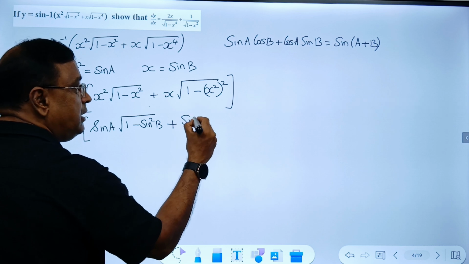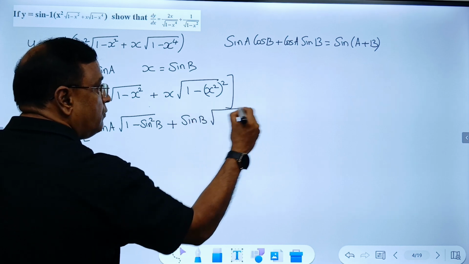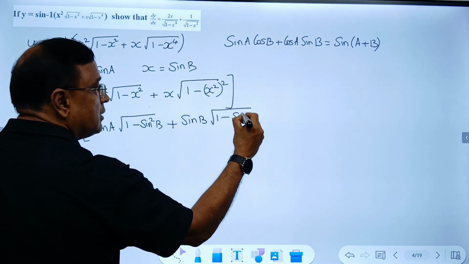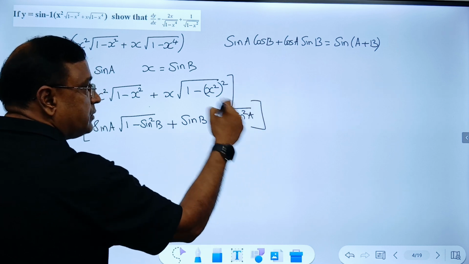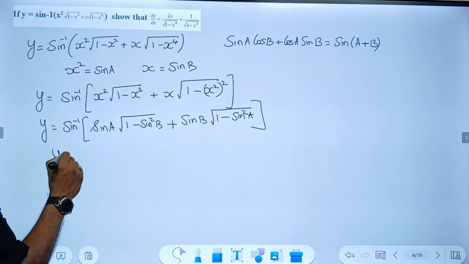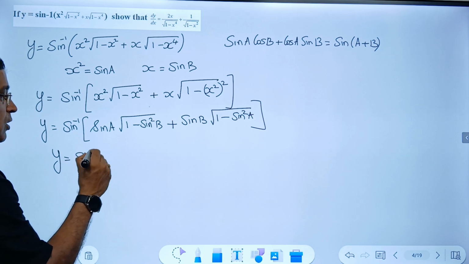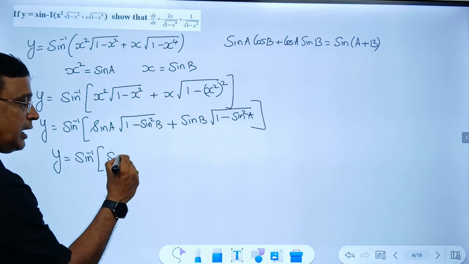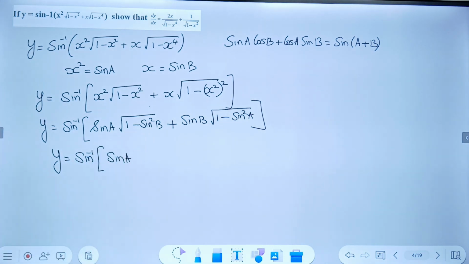X is sine B into root of 1 minus sine square A, because x square is sine A, okay? So this will become y equal to sine inverse of, this is sine A. What is root of 1 minus sine square B?